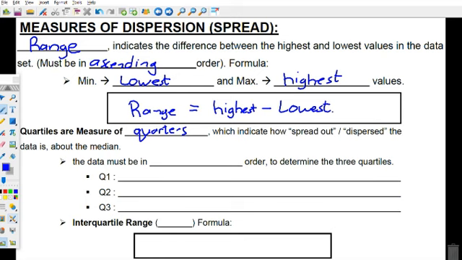It's better if you say it splits the data into 4. They measure the quarters, so they indicate how spread out and dispersed the data is about the median.